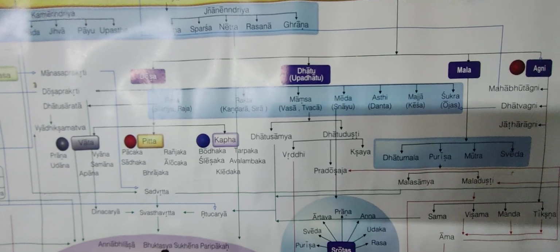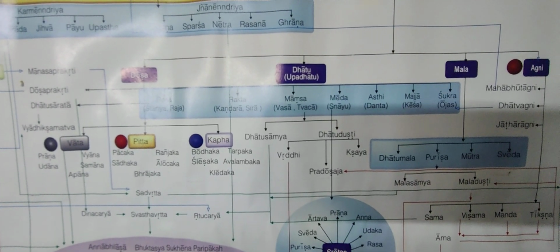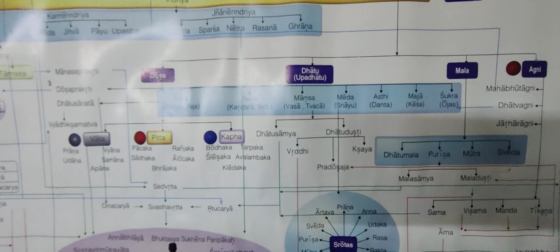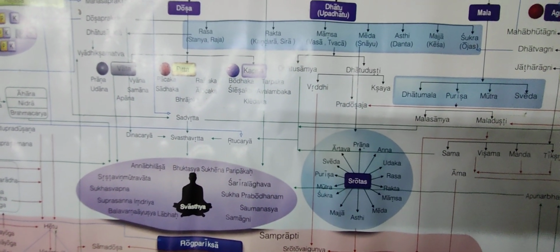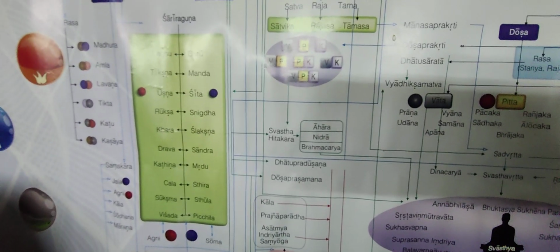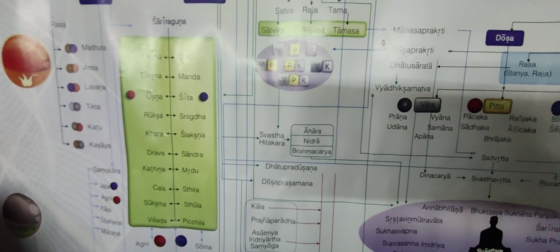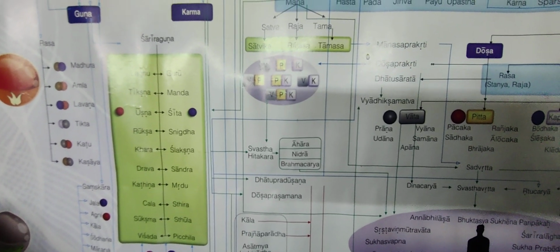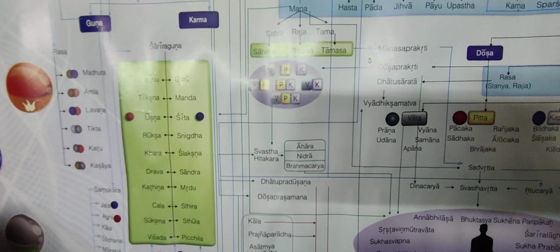Appropriate conduct, including proper lifestyle and diet, leads to health. Effects of dravya as diet is also very important: ahara, nidra, and vihara. The effects of dravya as diet, drug, or causative factor depend on properties and activities related to the context.